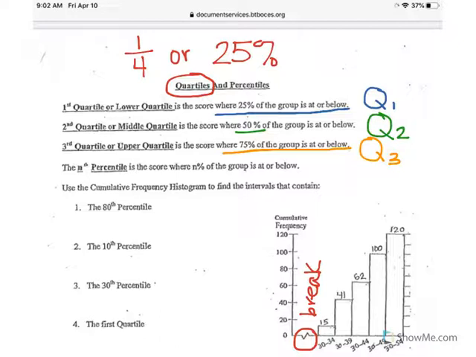Then we have the 30 to 39 interval, and there are 41 people in that group. The numbers are going to get larger because the intervals are also getting larger. So in the 30 to 44 range, there are 62 people, and so on and so forth. And the last number in a cumulative frequency table or graph will always represent what we call the total.